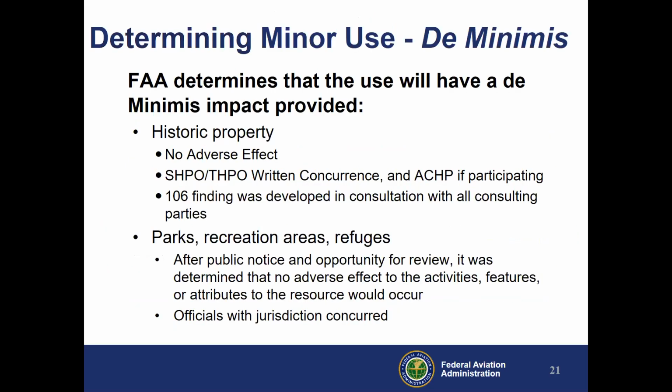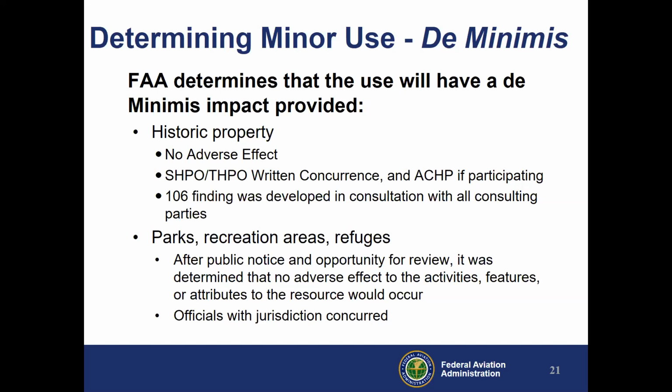De minimis, this was probably about 15 years ago when they developed, I guess you could say, a streamlining effort to not have to prepare a 4F evaluation. If you could show that it's a de minimis use, then we just completed that documentation. But there's certain thresholds. If it's a historic property, it has to be a no adverse effect.